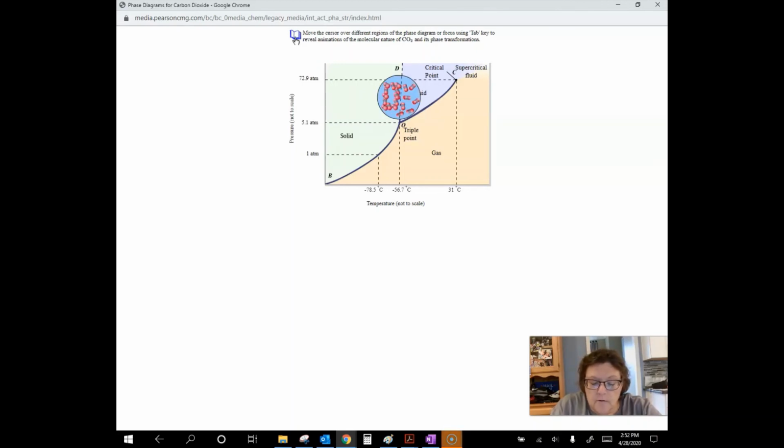If I put my cursor on that line between 0, which is the triple point, and D, you can see that it will melt. If we put it up here on the line between liquid and gas, you can see it vaporizing, becoming a gas. If we come up here to the superfluid part, you can see that it's moving fast. So on and so forth.